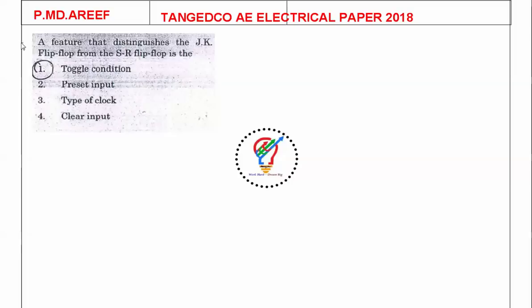The next question is from digital electronics. A feature that distinguishes the JK flip-flop from the SR flip-flop: in the SR flip-flop, when both the inputs are 1, it is an invalid condition. Suppose the same thing in the JK flip-flop, both the inputs are 1, the output will be in toggle mode.